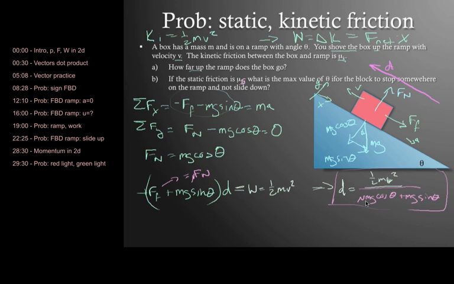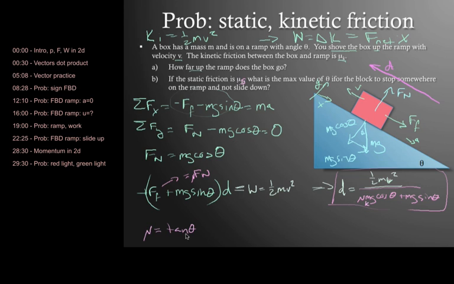This d depends on mu k, because the box is moving at this point, so that's our kinetic friction. When it gets to the top of its trajectory up this ramp, v is 0. At that point, we have static friction. And we already worked out that friction is equal to this tangent theta.